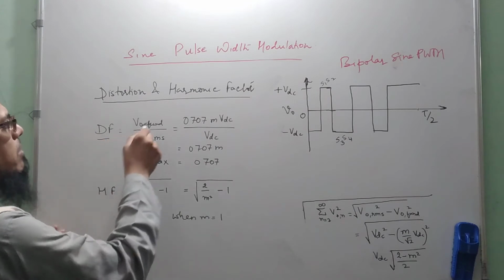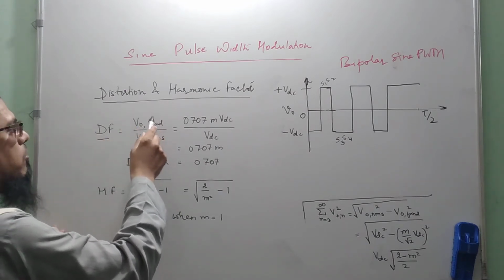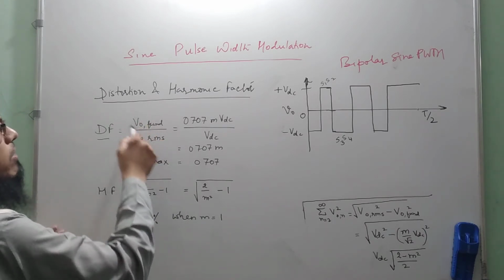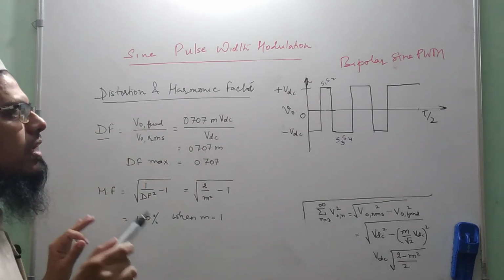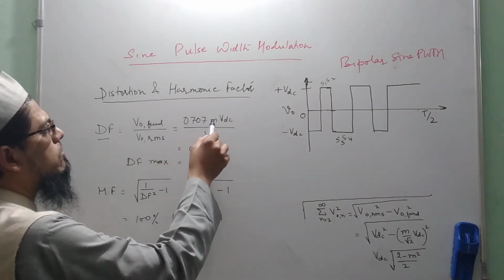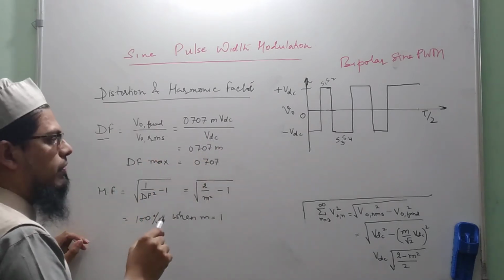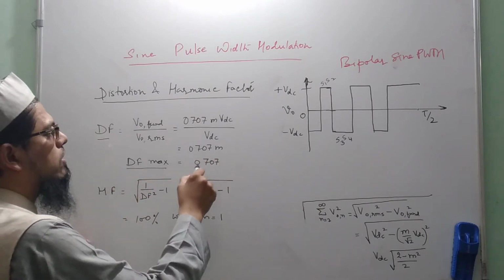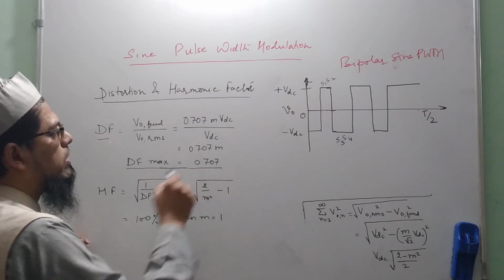Distortion factor is given by the RMS value of the fundamental voltage divided by the RMS value of the output voltage. So that is 0.707 M VDC by VDC, which gives 0.707 M. The maximum value of the distortion factor occurs when M equals 1, so this is equal to 0.707.